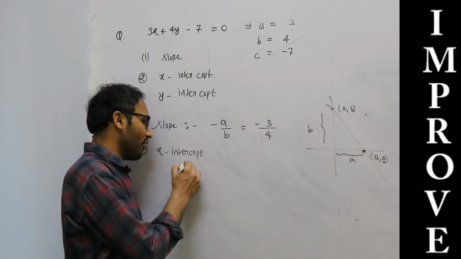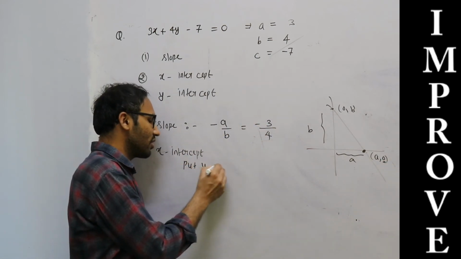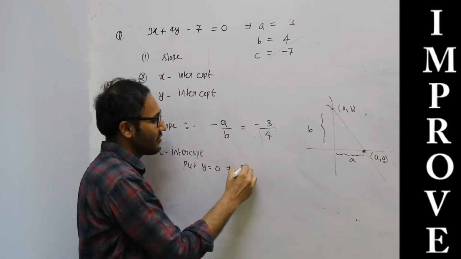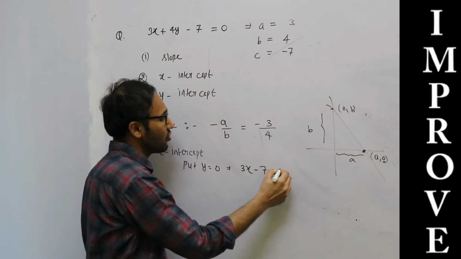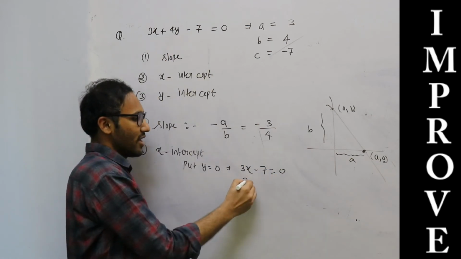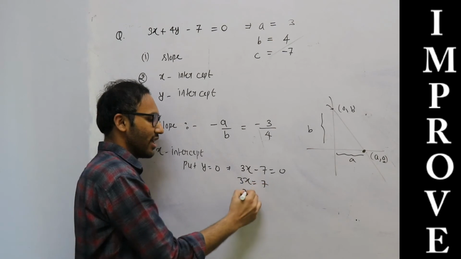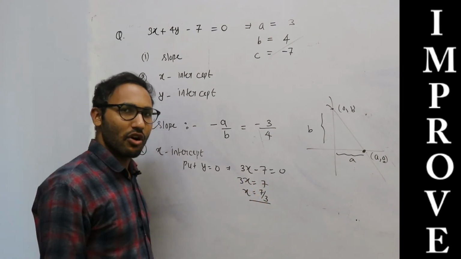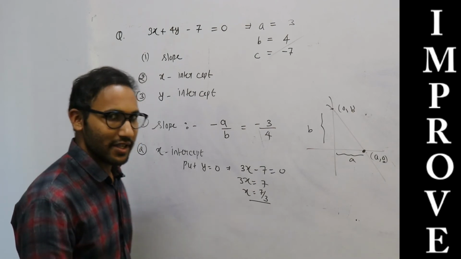So we put y is equal to 0, then the equation becomes 3x minus 7 is equal to 0. Put the value of y as 0. 3x is equal to 7 and x will be 7 by 3. So this 7 by 3 is the length of the x intercept.